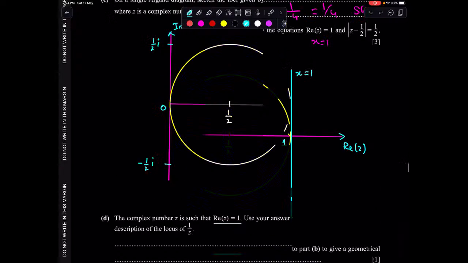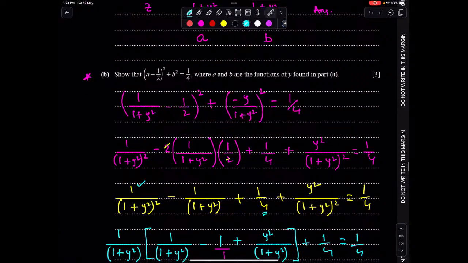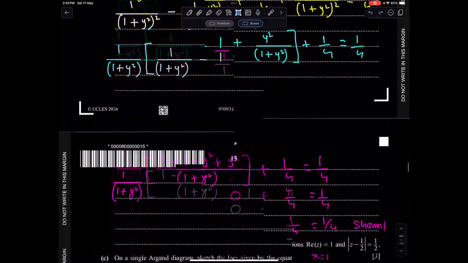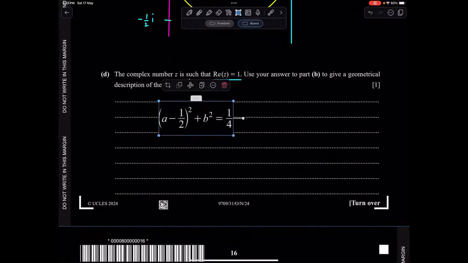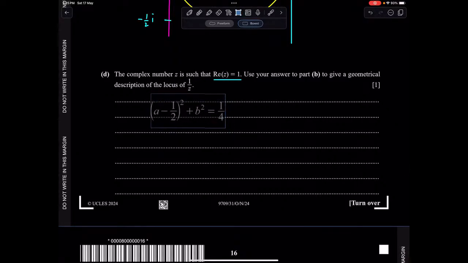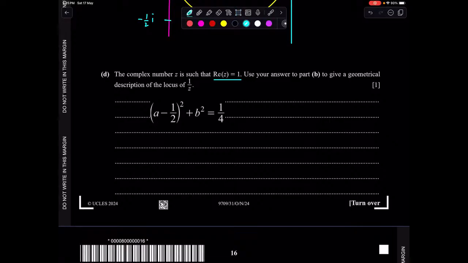So first observe part B. This is part B. We had to show this thing. So copy this here. And I already have told you that this is the equation of a circle with center at half and 0i and radius is 1 upon 2.